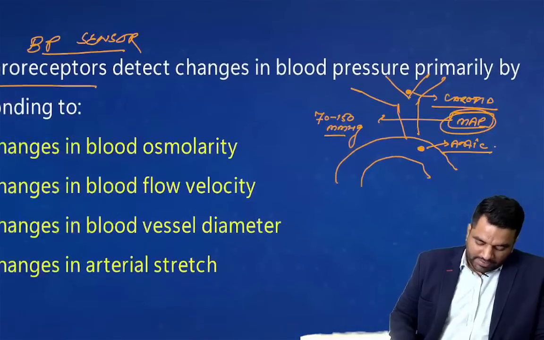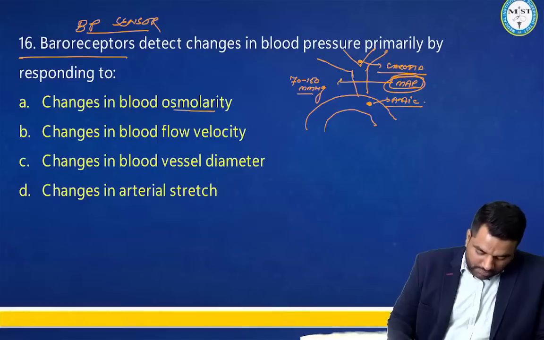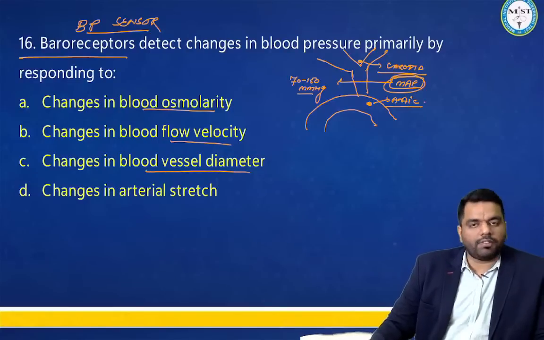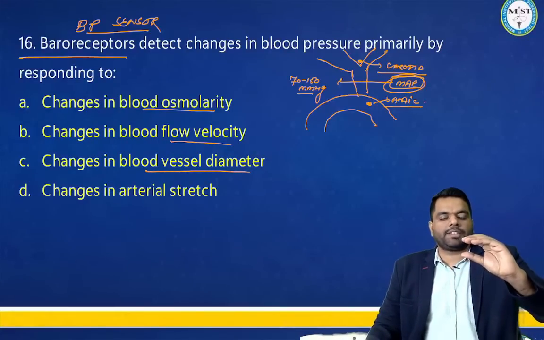Now, basically they do not sense blood osmolarity. They do not sense blood velocity. They do not sense the diameter of the vessel. Basically, when the pressure is high in the pipeline, the pipeline will be stretched like this, or the stretching will decrease.